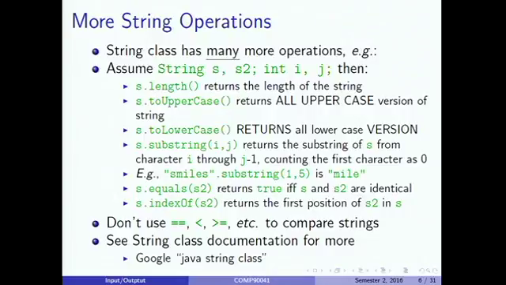Okay, so that's quite useful in analyzing a string and looking for things. And in fact, combining index of together with substring is quite useful. You can find a string and then take the stuff before it and the stuff after it. Do with it whatever you want to do. Also, you shouldn't use less than or greater than or equal to or any of those comparison operators on strings. Again, they don't do what you think they do.